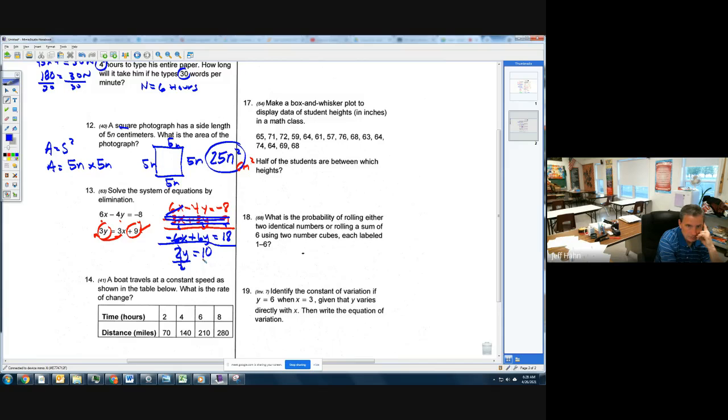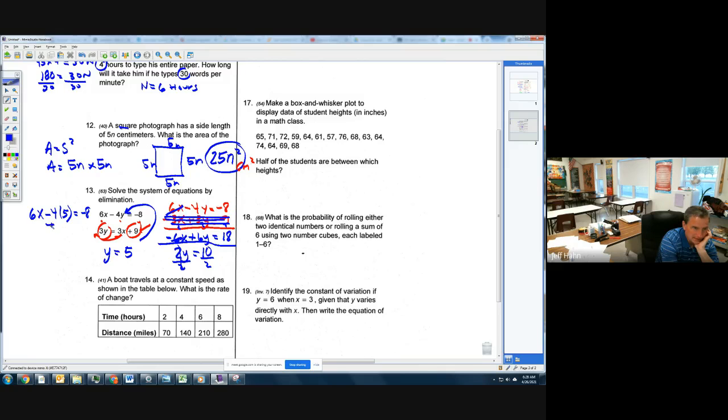So I divide by 2, I divide by 2, y then equals 5. Not quite done, because then I need to solve for x. I would probably take this y and put it in right here for that y. So I get 6x minus 4 times what I found y to be equals negative 8.